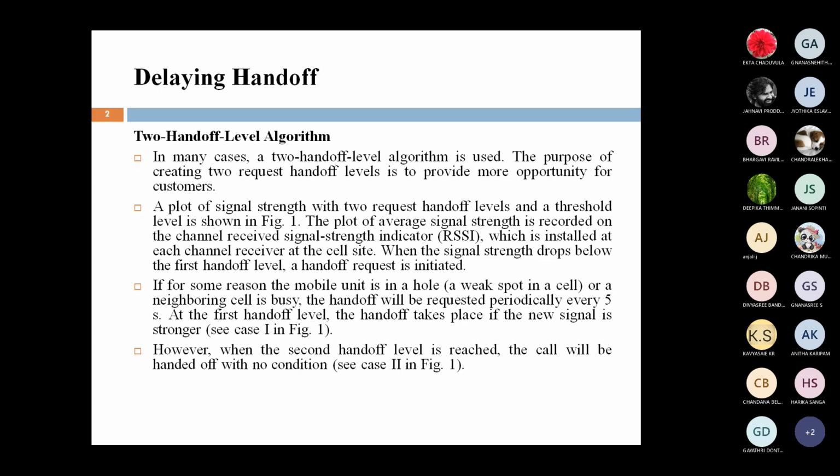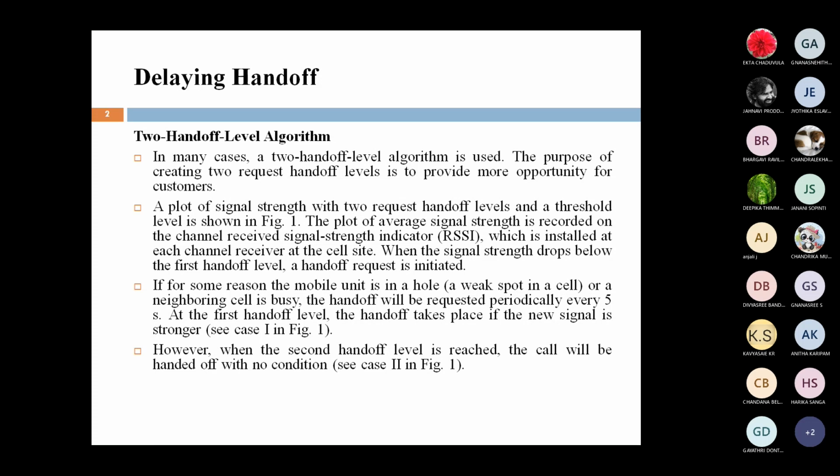So the mobile reaches L2, and the second handoff is raised. Likewise, the handoff is raised at every level, but it is not implemented. That's why it is called a delaying handoff. In this delaying handoff, we use the two-level handoff algorithm.